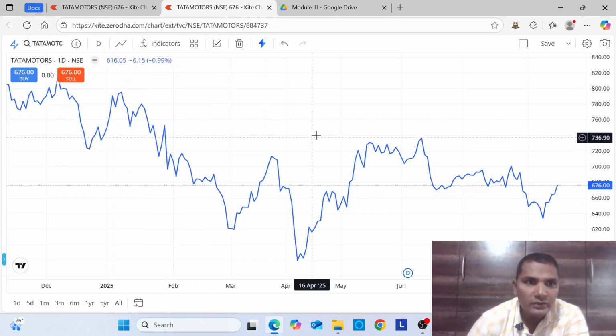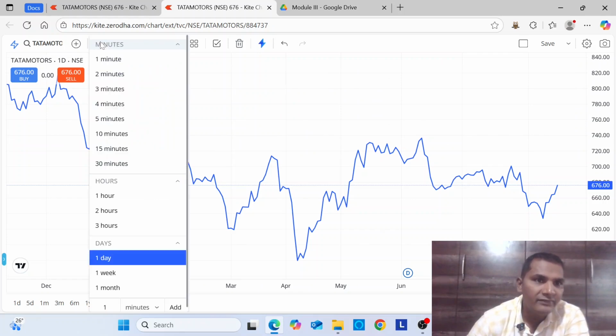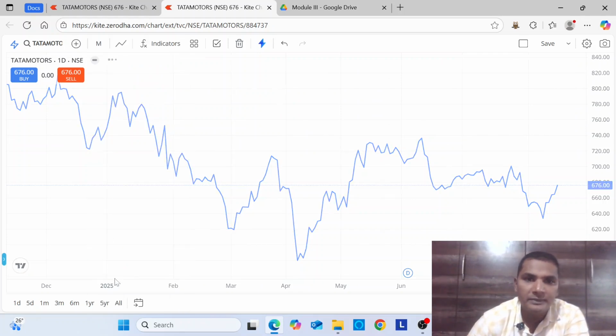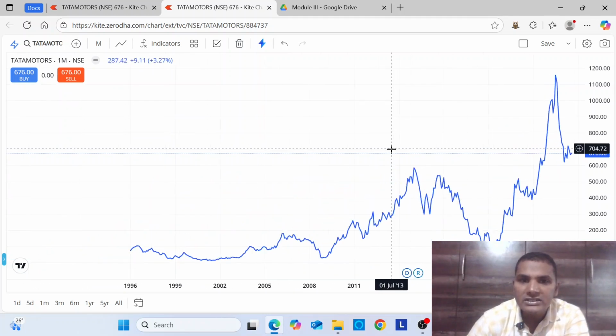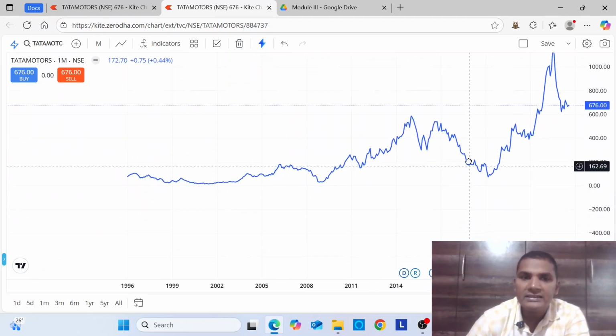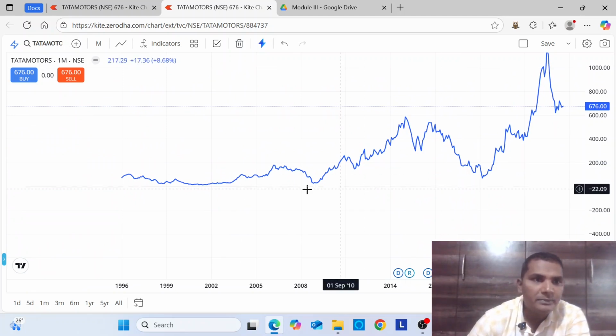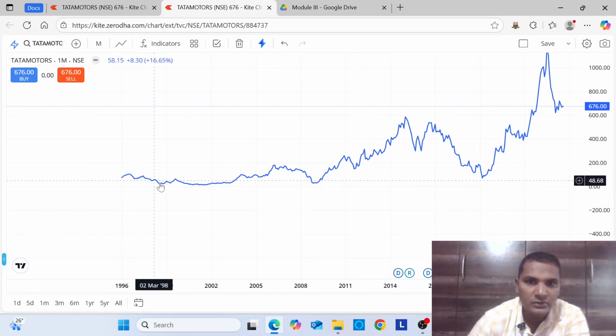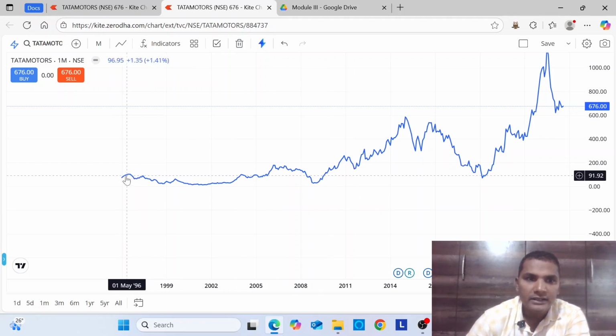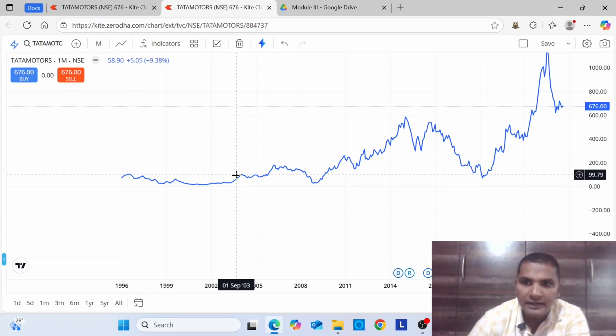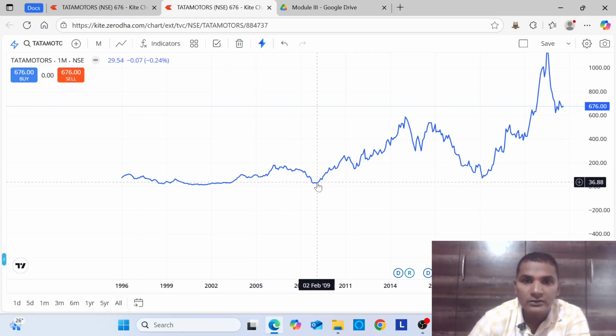The line chart looks like this. If I select the time frame of one month, you can see in the long run how the price of Tata Motors has trended. For a long period of time it was trending in a narrow range, but after that it rose, then again went down.